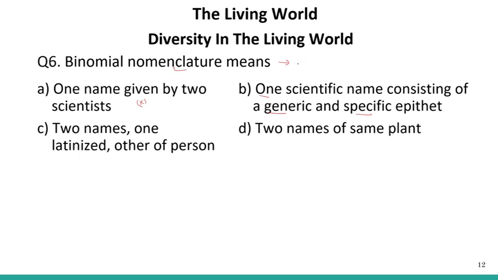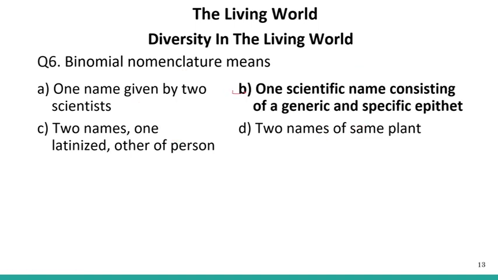The scientific name consists of two components: the first one is the generic name, the second one is the specific epithet. So option B is correct. Option C is two names, one Latinized, other of the person. This is not correct. The fourth option is two names of the same plant, also not correct. So option B is the correct answer.